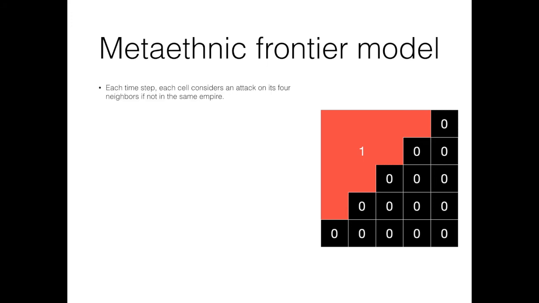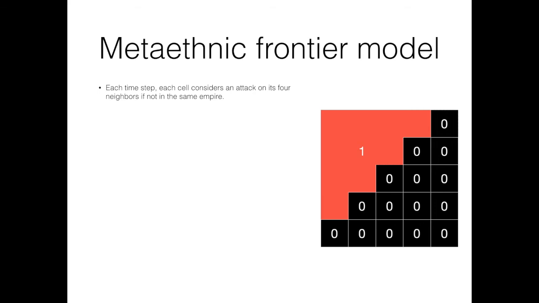At each time step, every cell is going to consider an attack on each of its 4 neighbors. So a cell never attacks another cell that's part of the same empire, but otherwise, anything else is up for grabs.